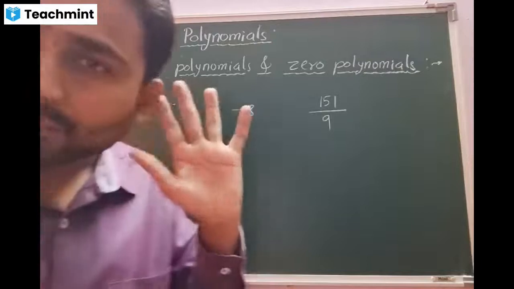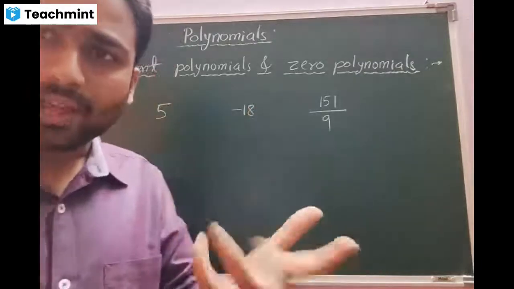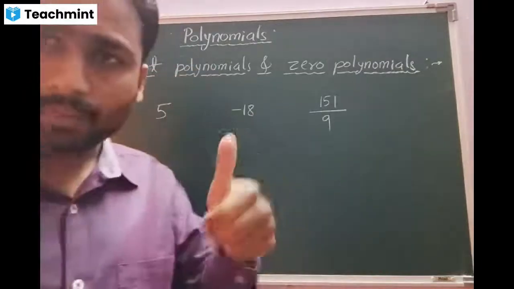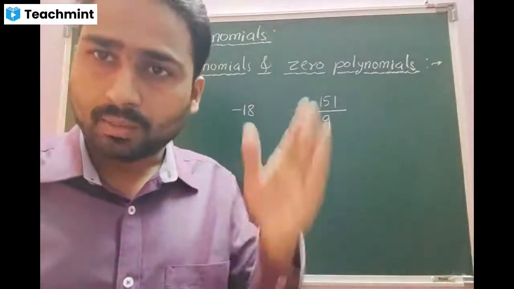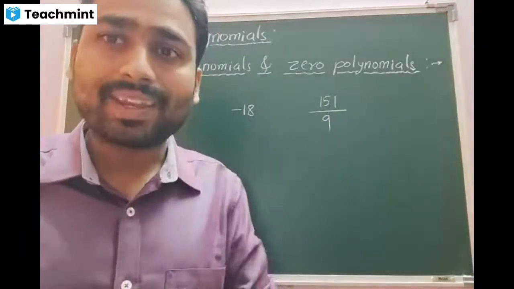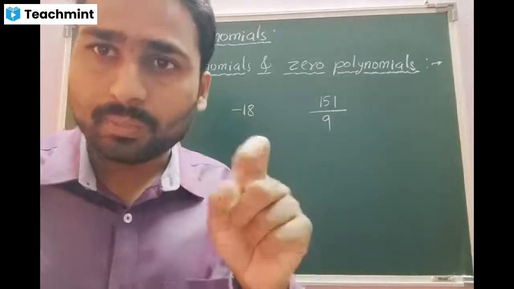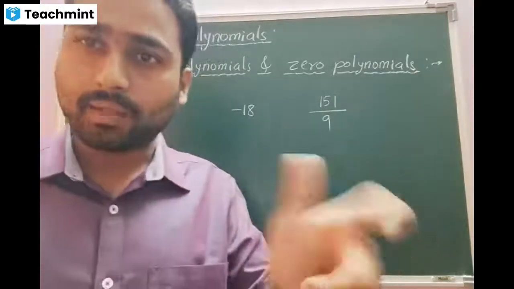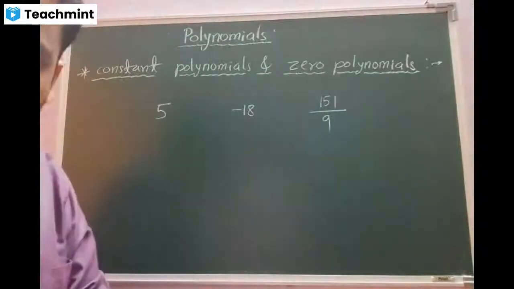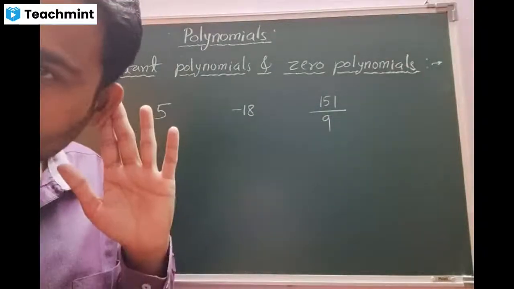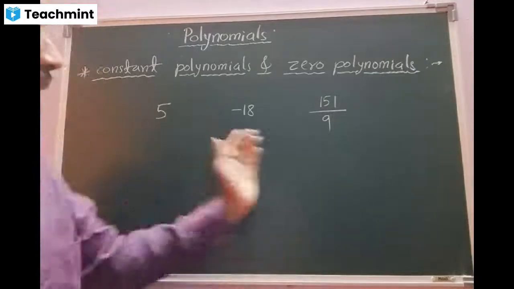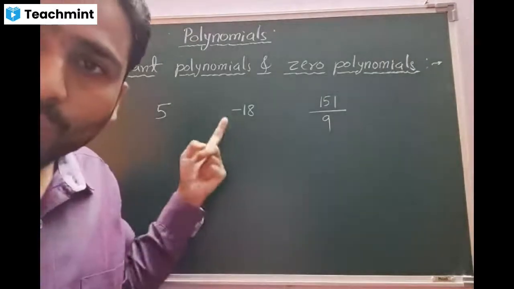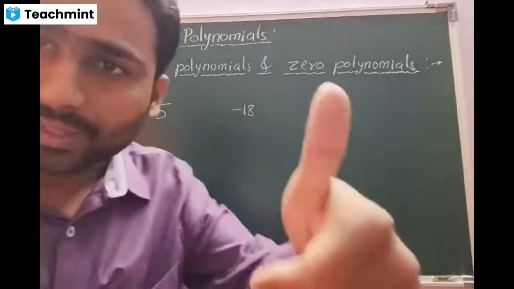Beta, actually these are pure numbers. According to the definition, a polynomial is basically an algebraic expression. It means there will be a mixture of number with the variable. Am I correct, beta? So we will get a confusion. If there is no variable involved, how are we going to call it a polynomial?